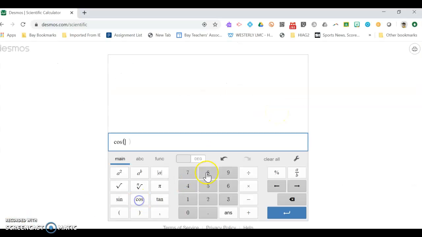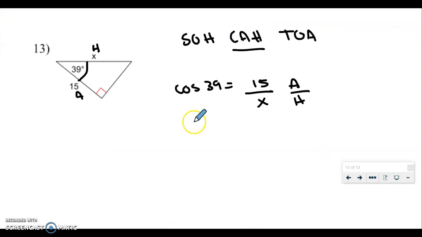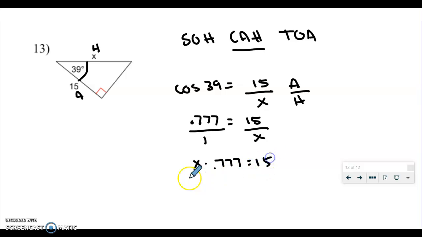So we're going to do cosine of 39, and we get 0.777. 0.777 equals 15 over x. Cross multiply, we'll get x times 0.777 equals 15.